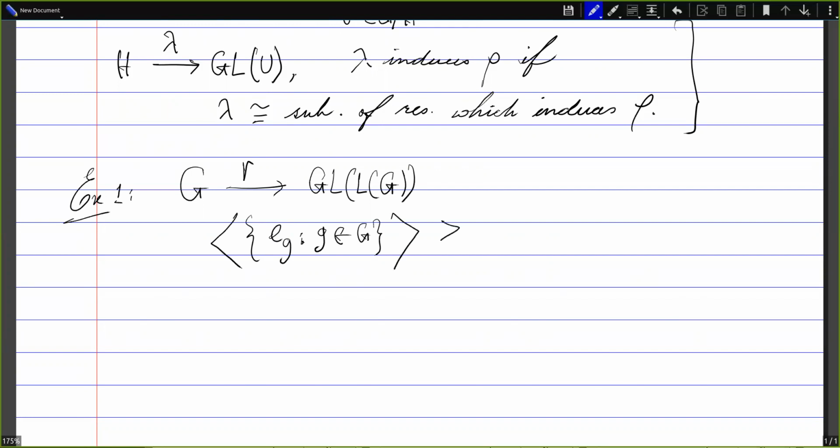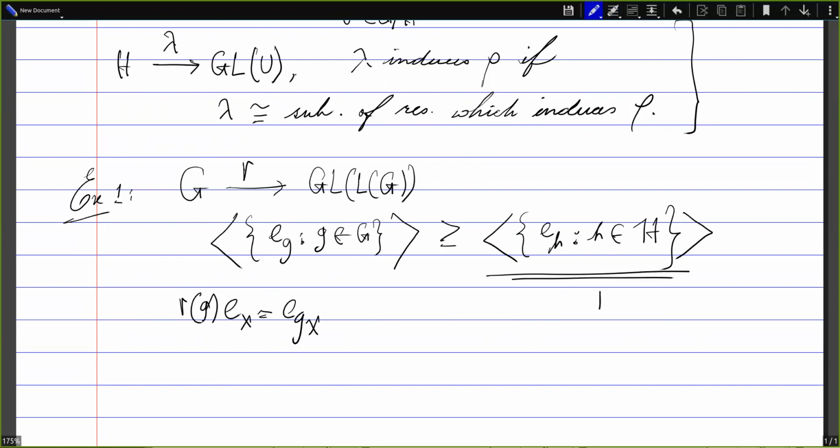So that contains H in H, a subset of the basis. And if you remember, we have this relation for every EG and X, it is E of GX. So in view of that, we see that this subspace is actually H invariant.